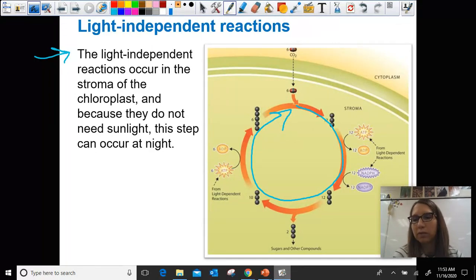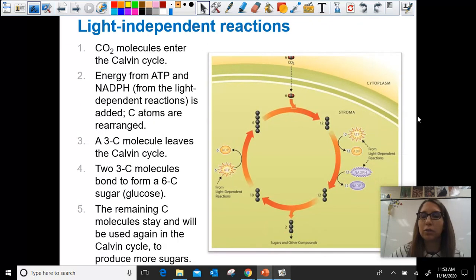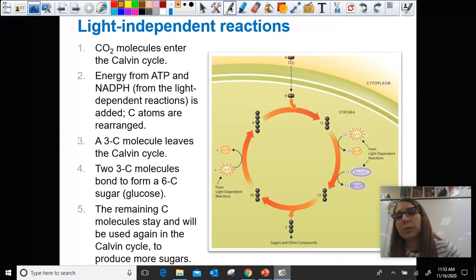Really, it's much more involved than even this. There are multiple enzymes that catalyze multiple reactions and so on. This is about as simple as we can make it. So no, you don't have to diagram that whole cycle. You don't really even have to know that diagram except to say where it occurs and the general pattern and pathway taken by this.